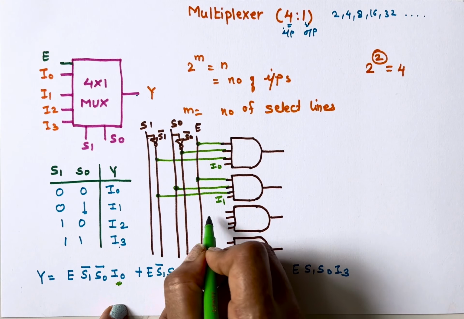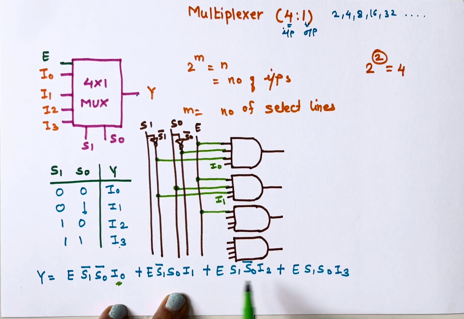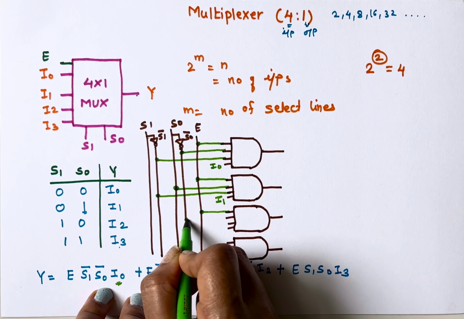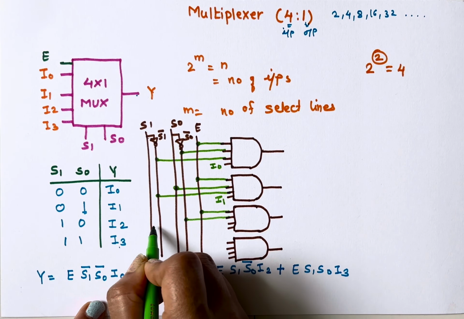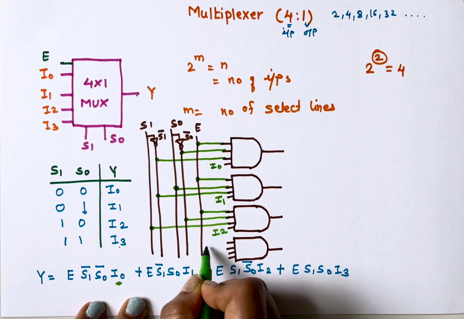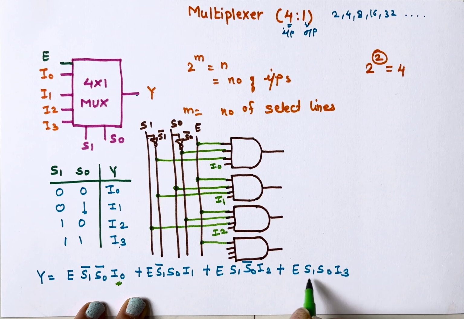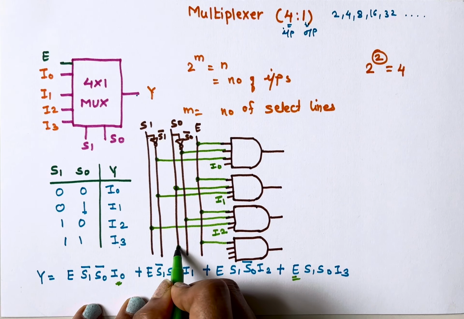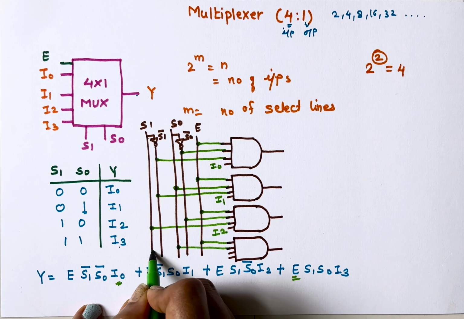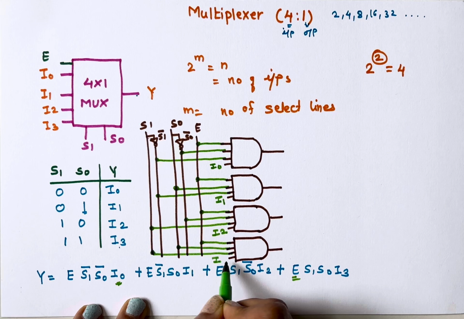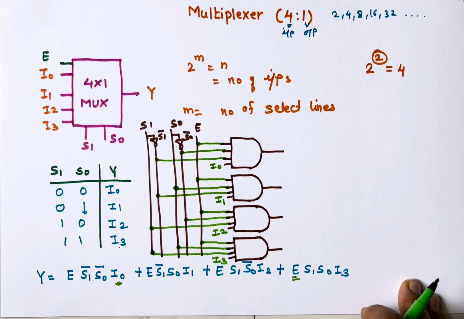Similarly here enable, then S1, S0 bar, and here we'll connect I2. Here is enable, S1, S0 and I3.